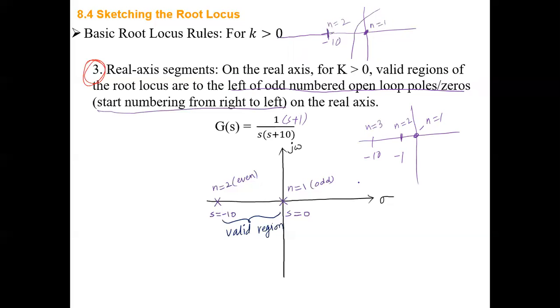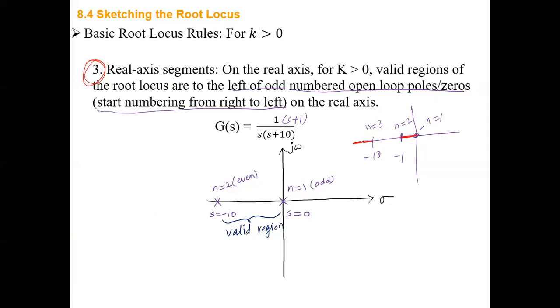Now, can you tell me where the root locus will pass through? Which region? You need to help me here, okay? Would it pass through to the left of n equals 3, because you have added in the n equals 2? Either here or here.